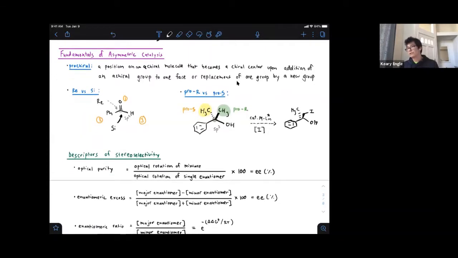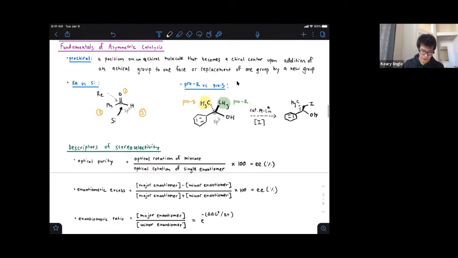Now I'll go through this very quickly, and you don't necessarily need to write this down because I think these are probably all things that you've encountered before. Descriptors for stereoselectivity, and part of the reason I have all this written out is just to make one point.